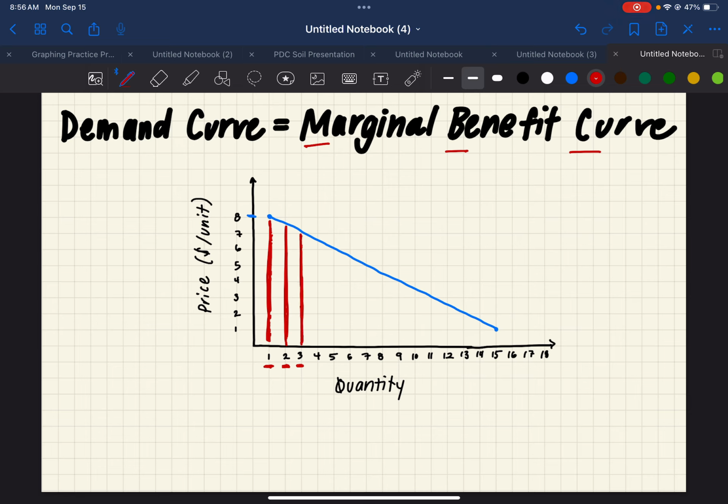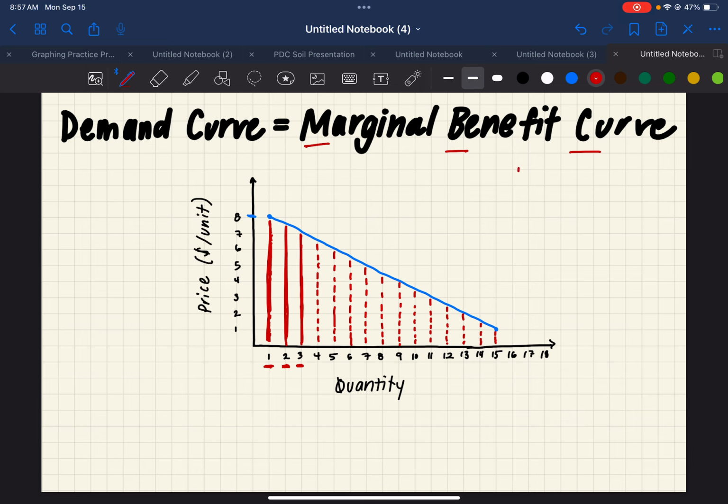So if we do this all the way down our marginal benefit curve or demand curve, we end up with all these benefits, and each line on its own represents the marginal benefit to the market of selling that one additional piece. The marginal benefit, remember that's one additional. If we add them all together, then we get the total benefit that the market received.